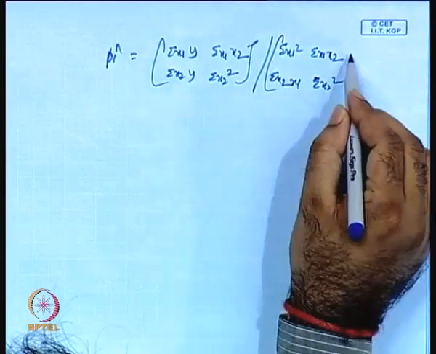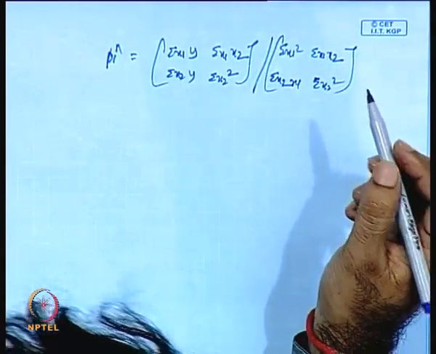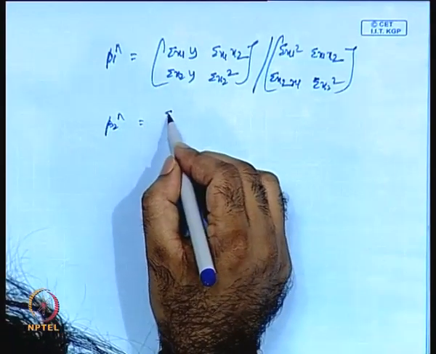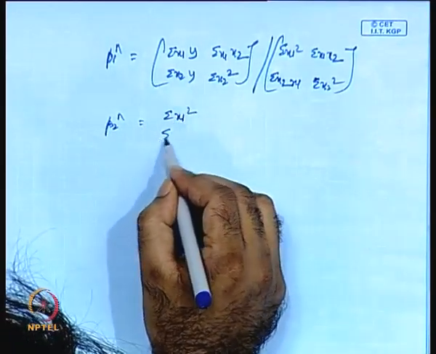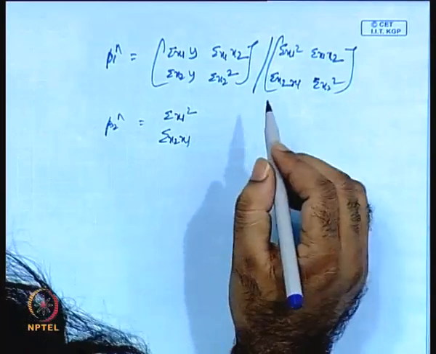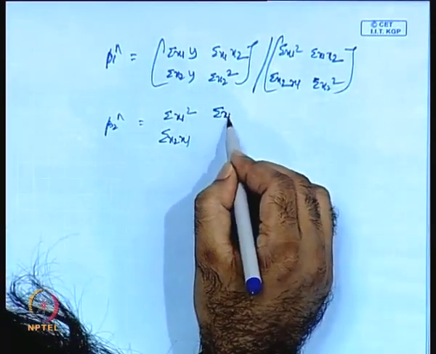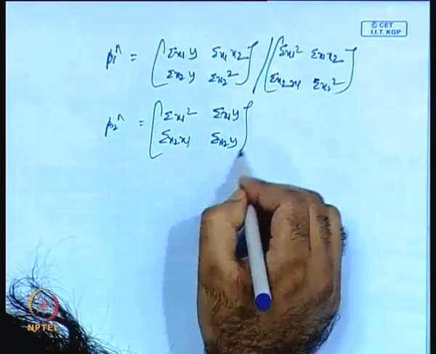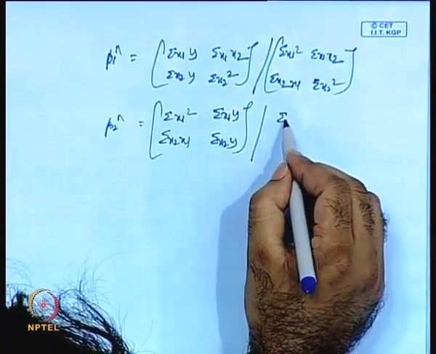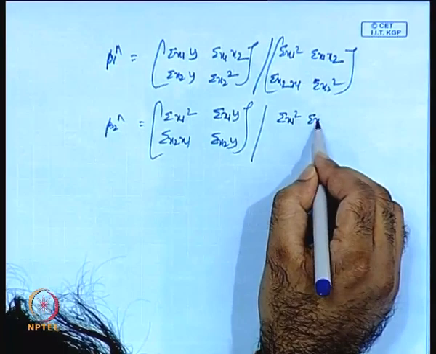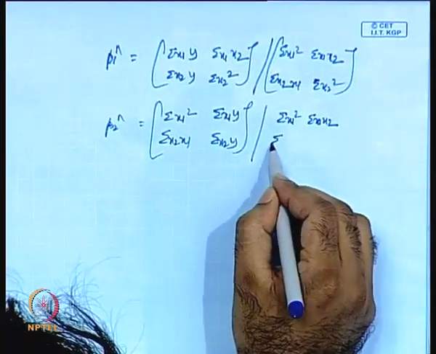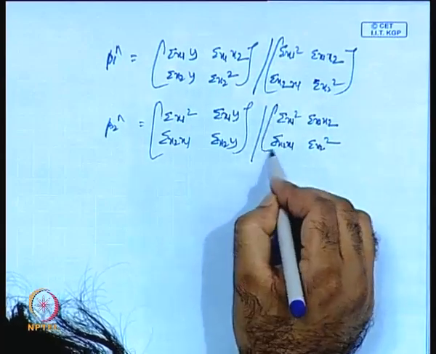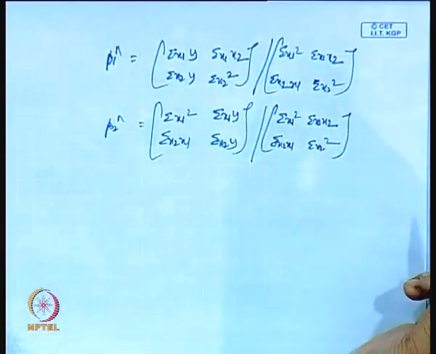This is how beta 1 hat is derived. Similarly, beta 2 hat is equal to the determinant with summation x1 square, summation x2 x1, summation x1y, summation x2y, divided by, as usual, summation x1 square, summation x1 x2, summation x2 x1, then summation x2 squares. So this is beta 2 hat.